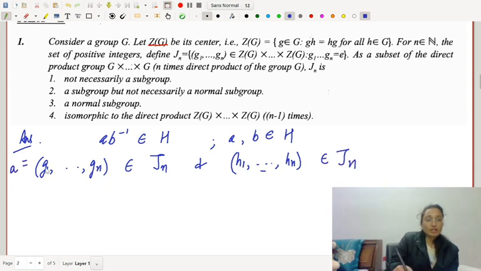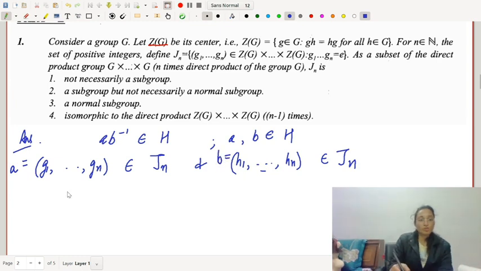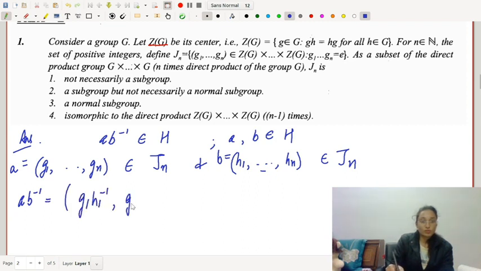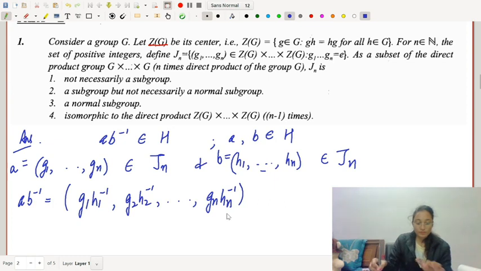Let them be a and b. Now we have to show whether a b inverse belongs to H or not. For that, what is a b inverse? That is (g1 h1 inverse, g2 h2 inverse, up to gn hn inverse).